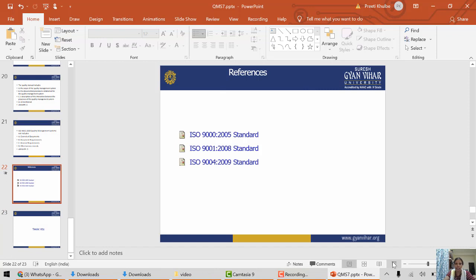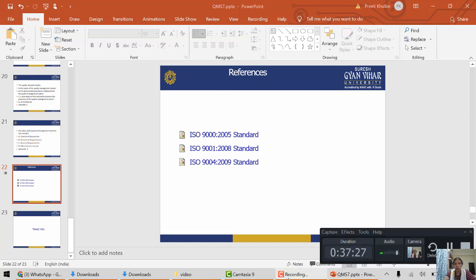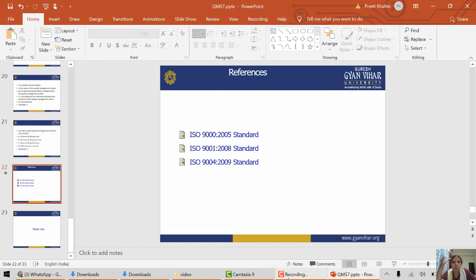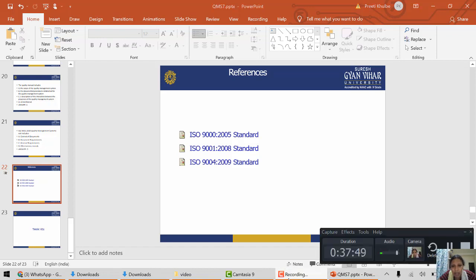So these are the references. If you want to know in detail about the quality management system, you can check out these references. You can also click on these references and reach the site directly. You can also go to Google and type the ISO 9000 series name, or ISO 9000:2005, and you will get to know about all these things related to ISO.